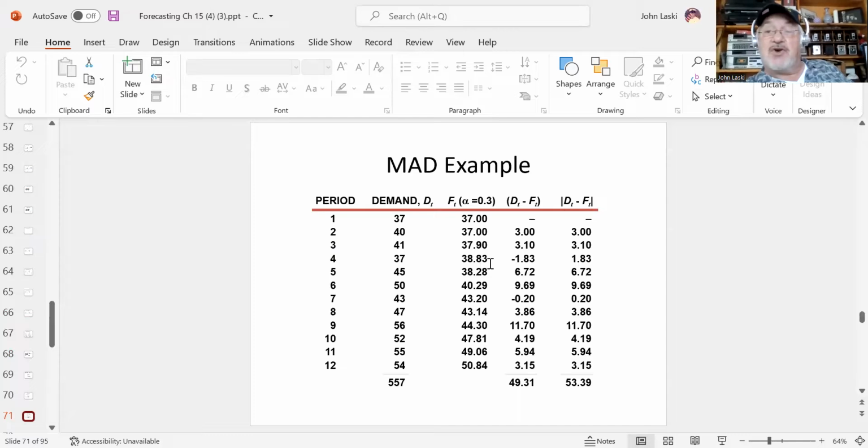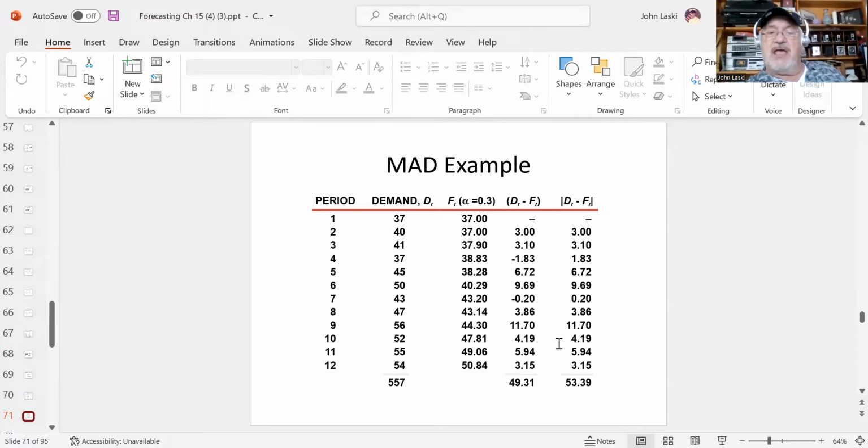We forecast 38.83. Again, how wrong were we? Well, on the other side of the number line, remember the number line, 0, positive, negative, we were wrong by 1.83. And you see this all the way down.